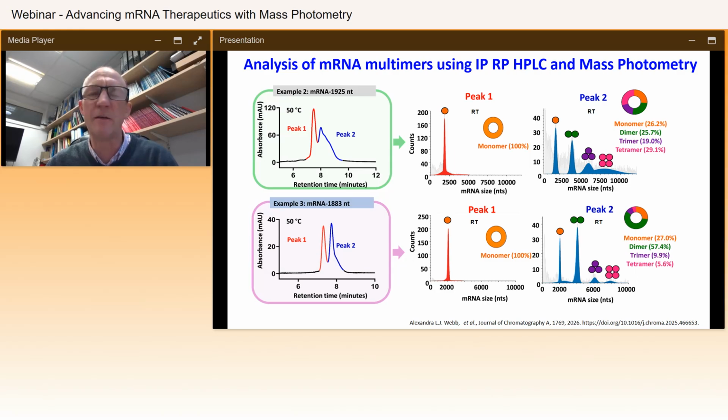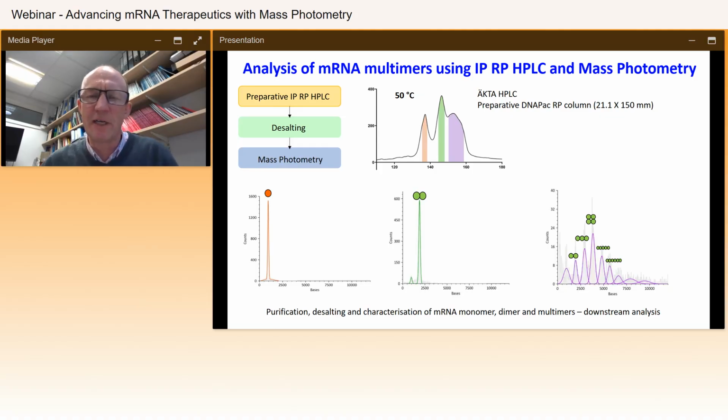We didn't see any dimer or multimer present. And the peaks to the right-hand side are the higher order species, where we were able to observe the presence of dimer, trimer, and tetramer species. So again, this highlights the power and the advantages of using mass photometry and combining it with the sensitive separations that we're also able to achieve.